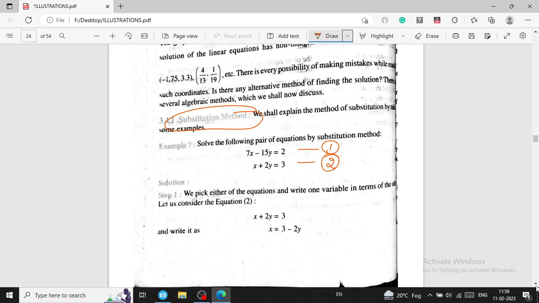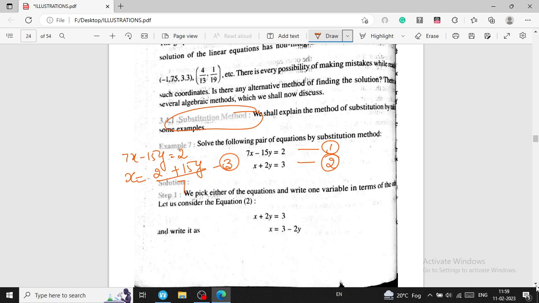For example, I will take here 7x minus 15y is equal to 2. You can take x is equal to 2 plus 15y, with 7 in the denominator.